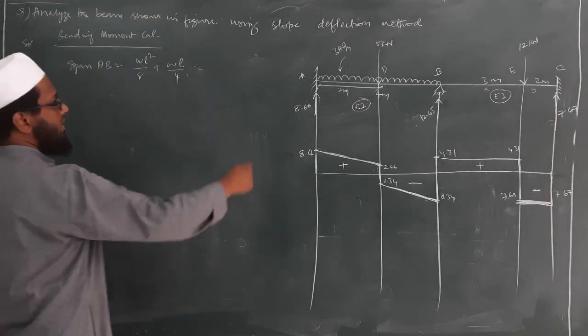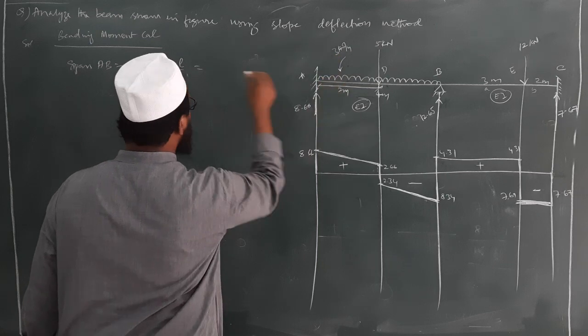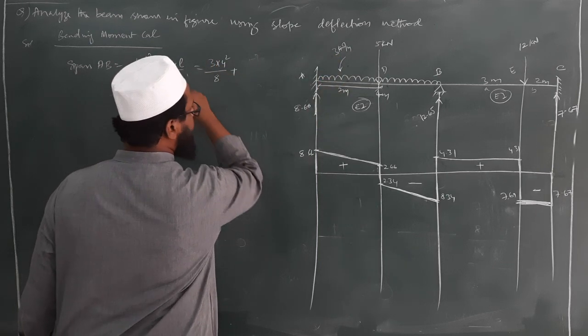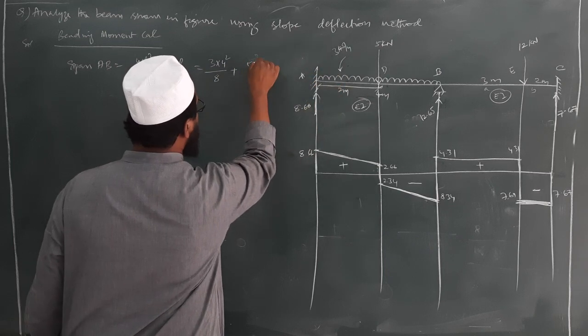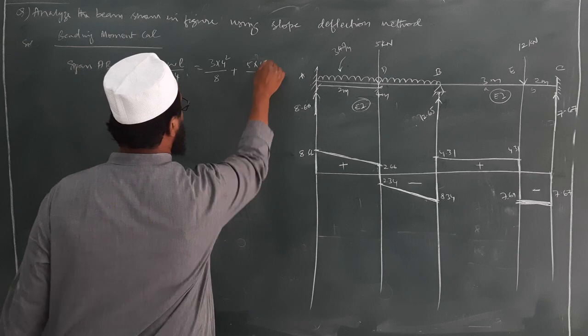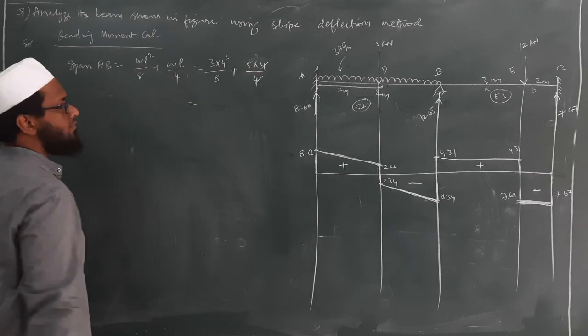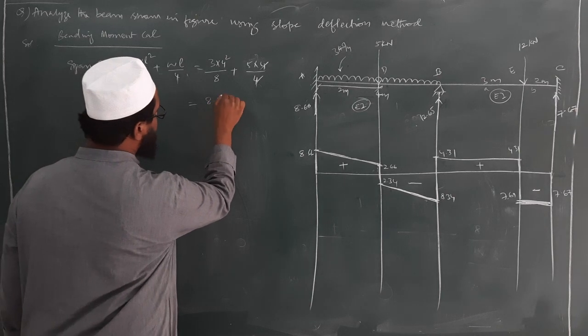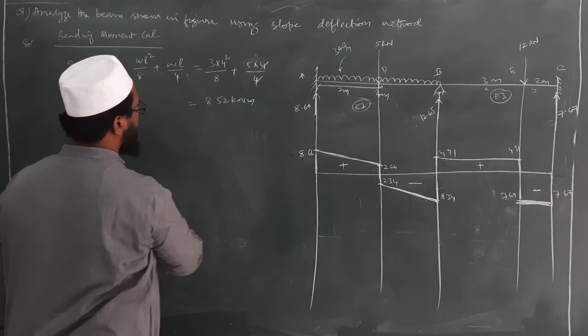WL square by 8 is 3 into 4 square by 8 plus WL by 4 is 5 into 4 by 4. Tell me the value. How much? 8.52 kilonewton meter.